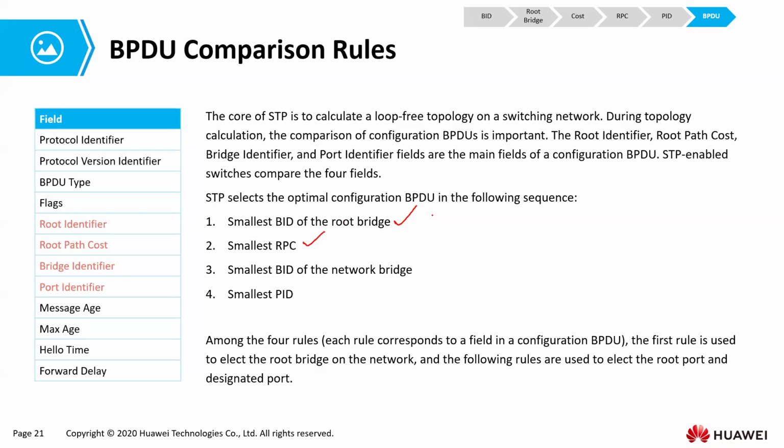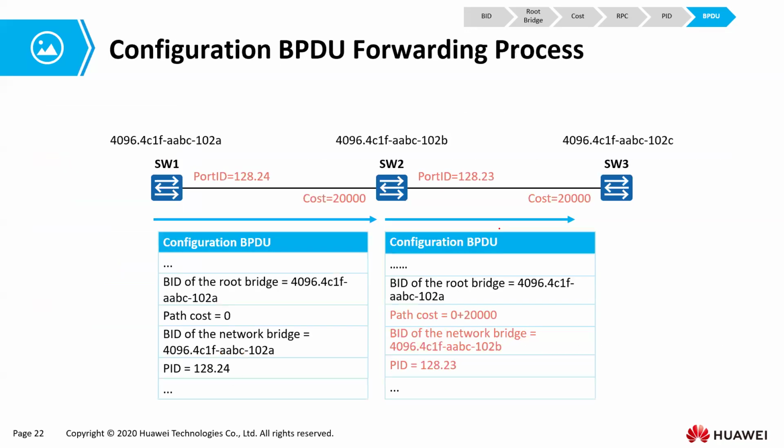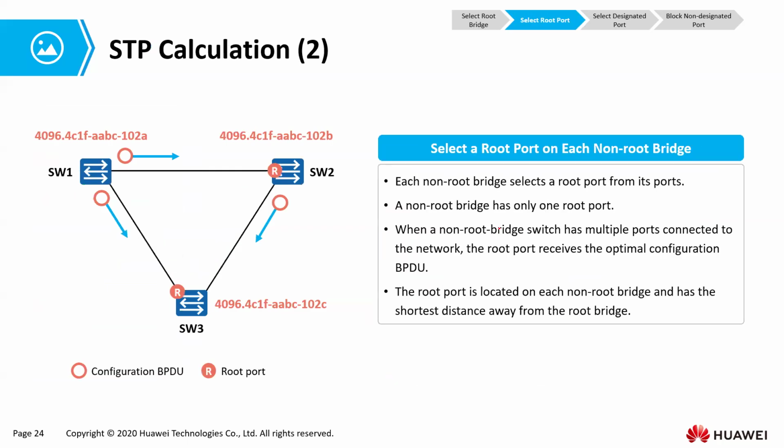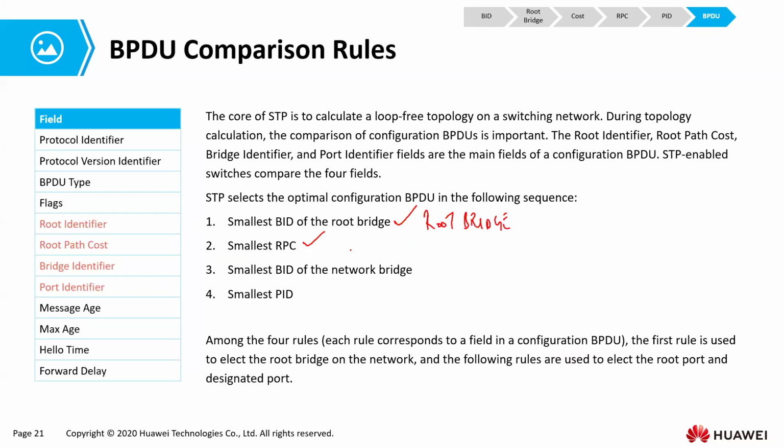So this one is used to identify the root port. We compare the root path cost to select the root port, and then the smallest bridge ID of the neighbor bridge.